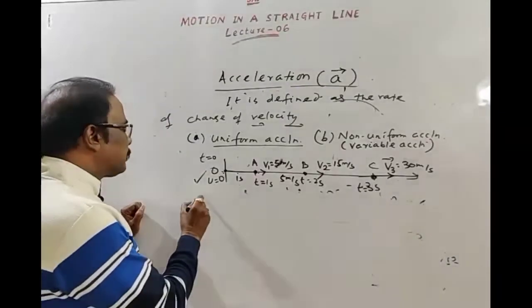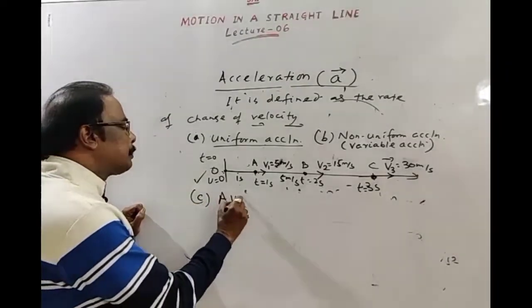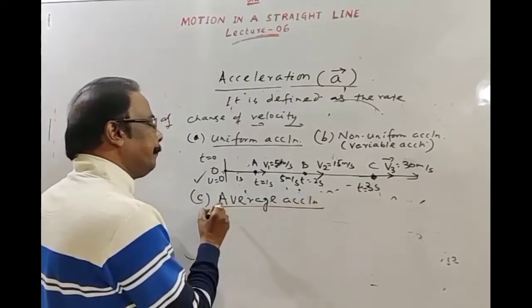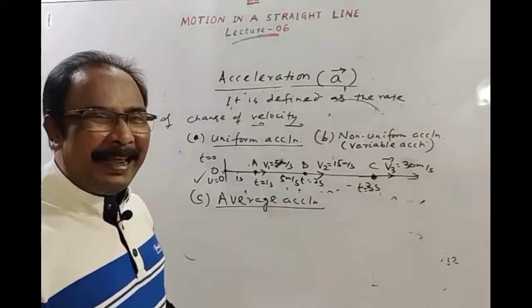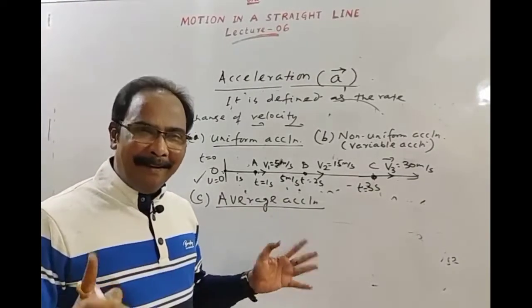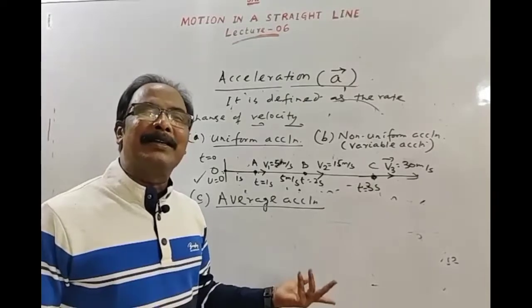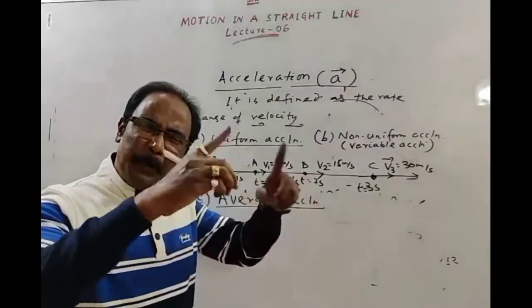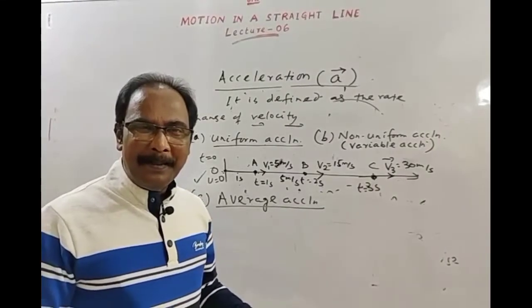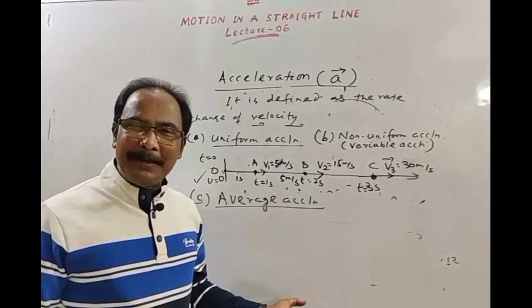next type of acceleration, average acceleration. As we have discussed average speed and average velocity, here also a similar type of discussion, average acceleration. If a body moves with non-uniform acceleration, then we have to calculate average acceleration.